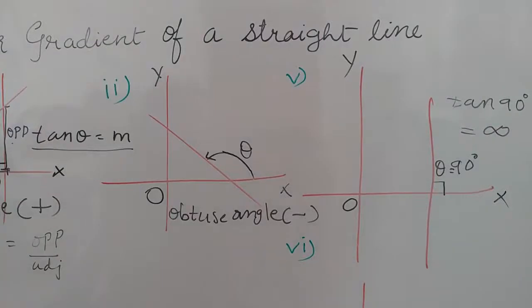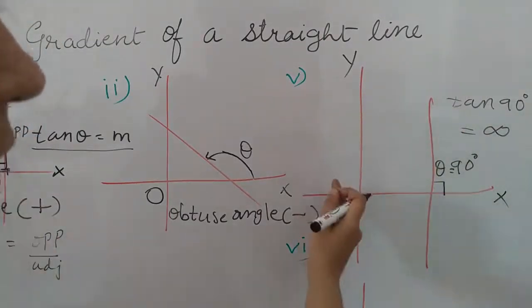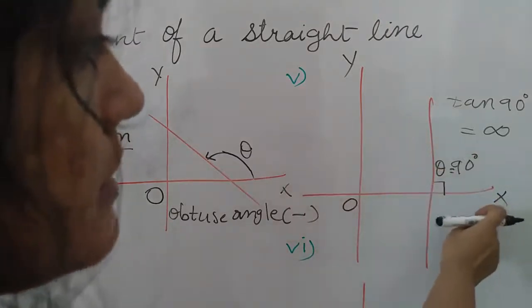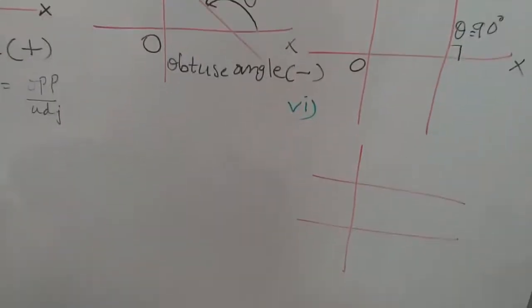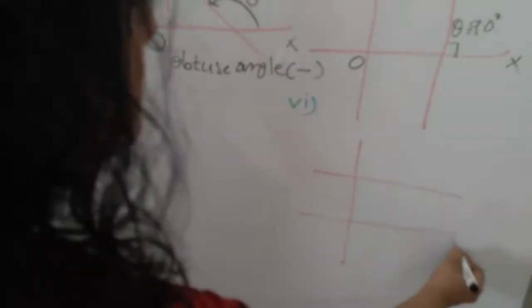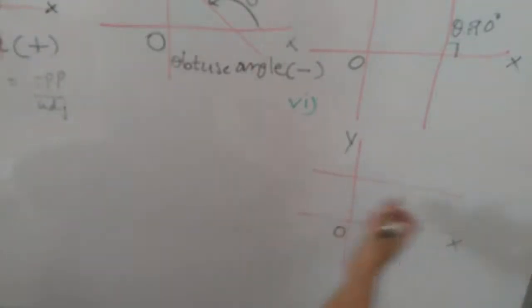So when a line is parallel to the y-axis, which makes an angle of 90 degree with the x-axis, the slope is not defined. And the sixth case you can see here in this figure, this is the x-axis, this is the y-axis, this is the origin, and a line is drawn which is parallel to the x-axis in the sixth case.